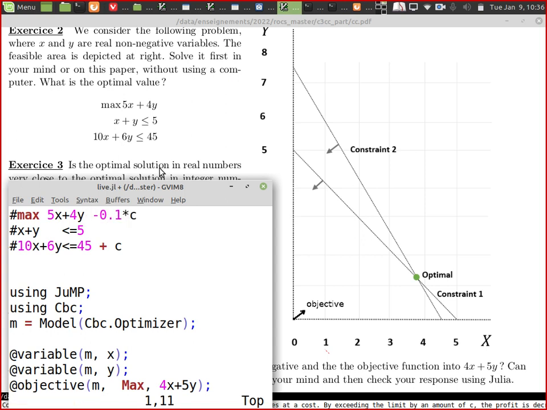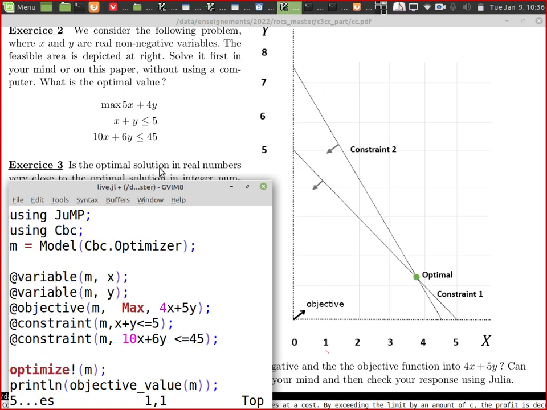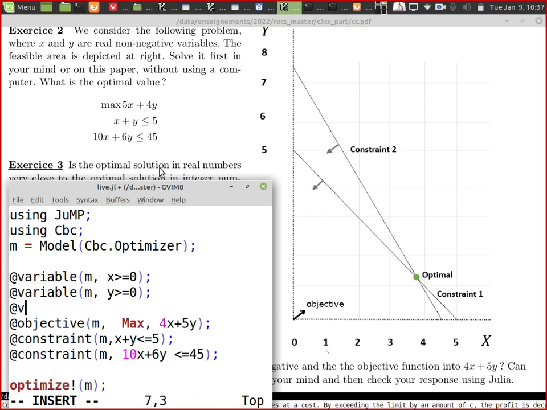So, how should we add the new variable? I have x. Let me return to positive values to make things simple. And similarly, I add a new variable C, still positive, okay? And all I want to do here is minus 0.1 C. I can write it this way or this way.